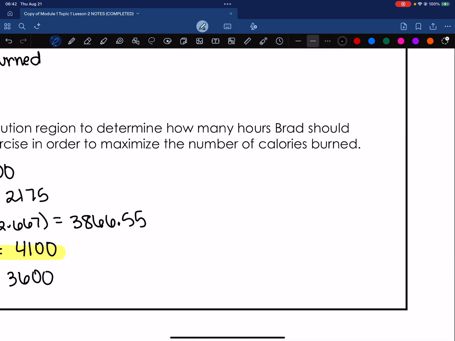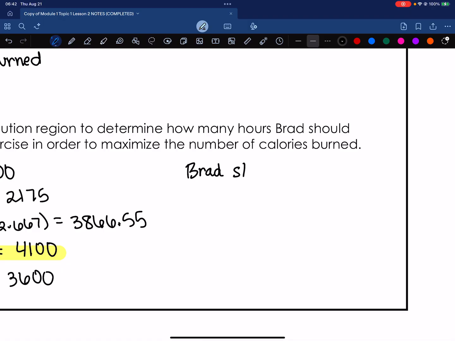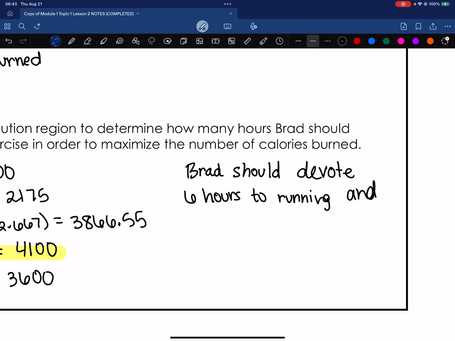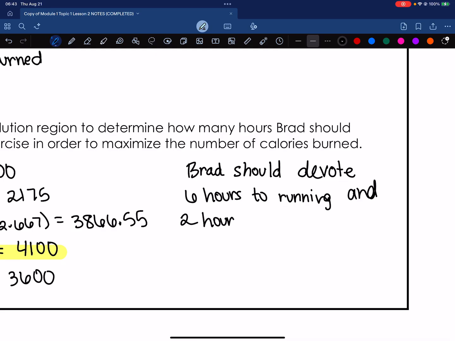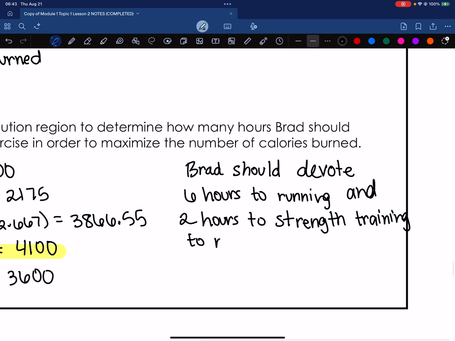So what that tells us is that Brad should devote 6 hours to running and 2 hours to strength training to maximize the number of calories burned.